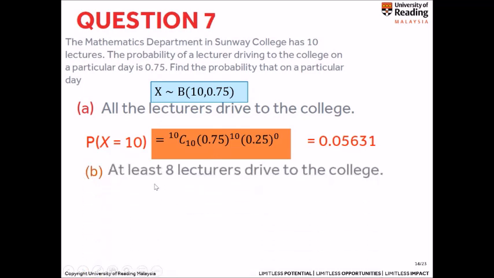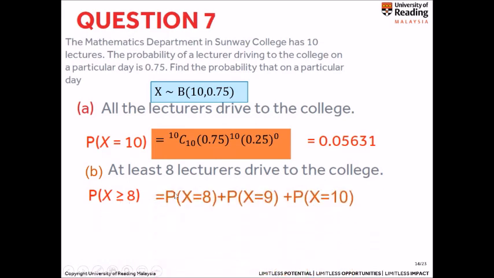Part B, at least 8 lecturers drive to the college, meaning x is greater or equal to 8. So you have x equal to 8, x equal to 9, and x equal to 10. So there are 3 possible cases where x greater or equal to 8.